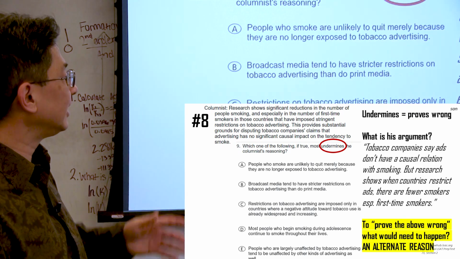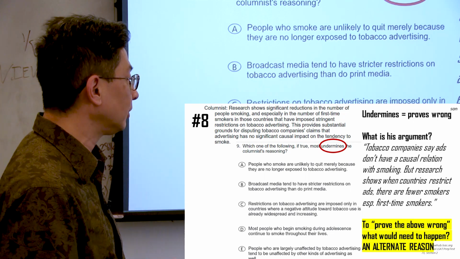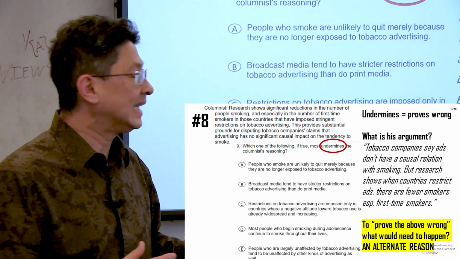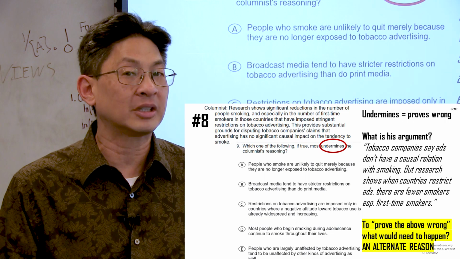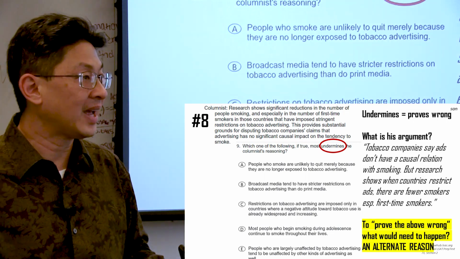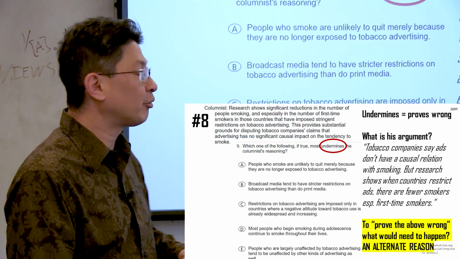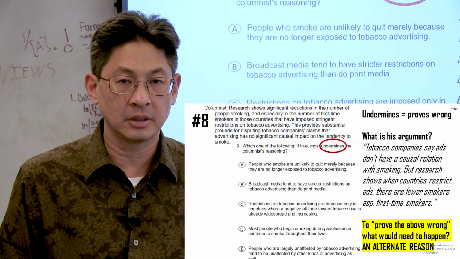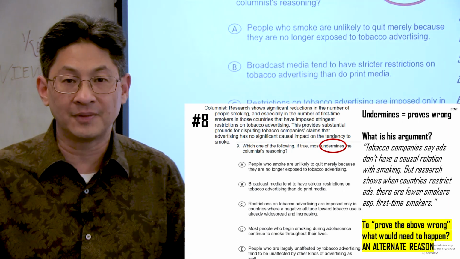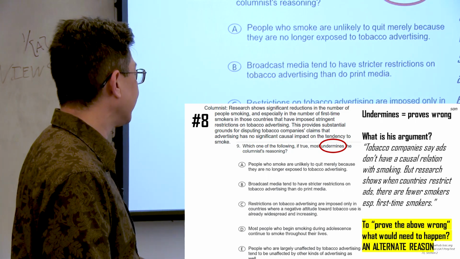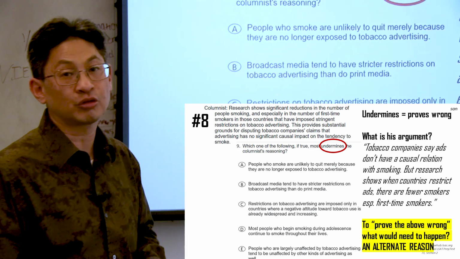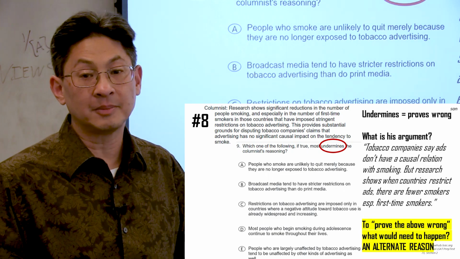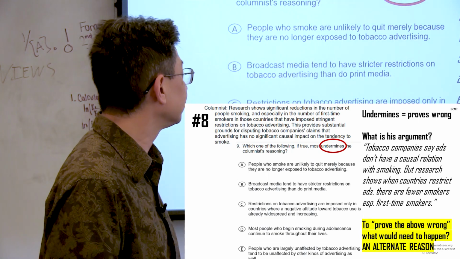An alternate reason meaning not because the countries restricted ads, but because these are countries where people already have a generally negative attitude towards smokers in general. That does provide a very realistic reason why. So C is really your strongest answer choice here, and that's going to be the one that's correct.